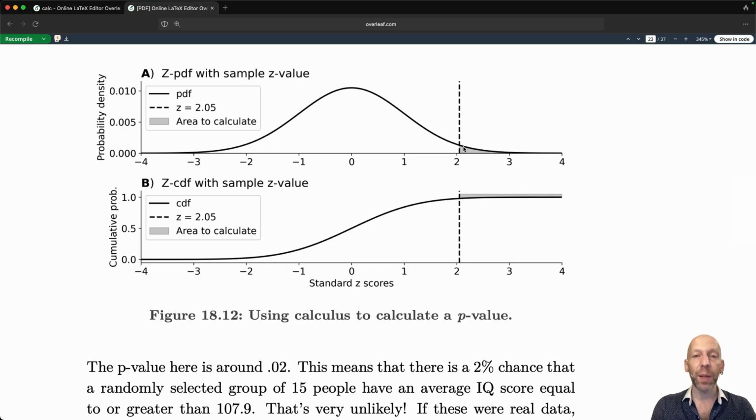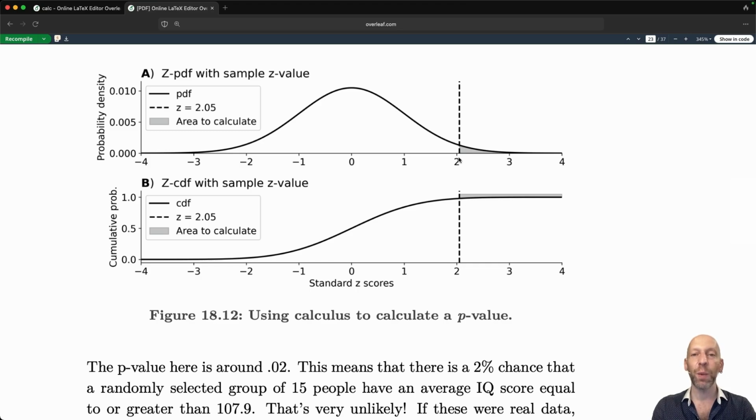Now, the p-value is the total area greater than this value in the PDF. So that's the shaded region here that you see. So going from z equals 2 up to z equals infinity, all of that area is the p-value. Okay, but you can also calculate that from the CDF.